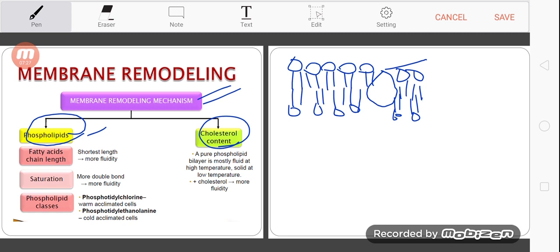In changing the phospholipid composition, the cells of the organism can change the fatty acid chain length, whether longer or shorter.